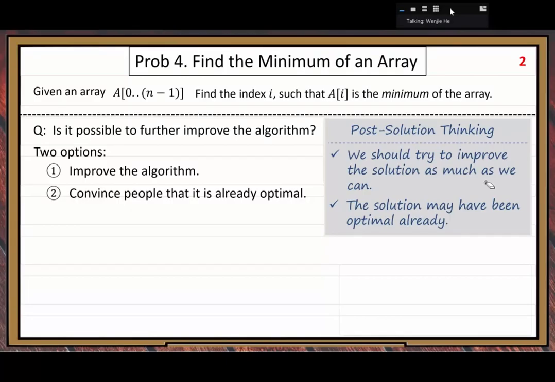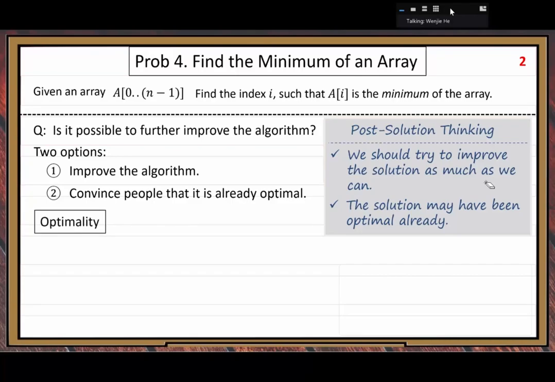But showing optimality is, most of the time, extremely hard. Proving your algorithm is optimal is extremely hard, so most people do not do it. Because even if it is not optimal, if it is near optimal, it is still a good solution, right? Optimality.